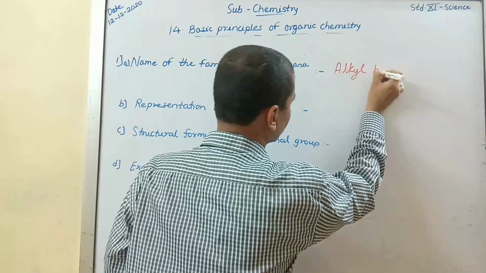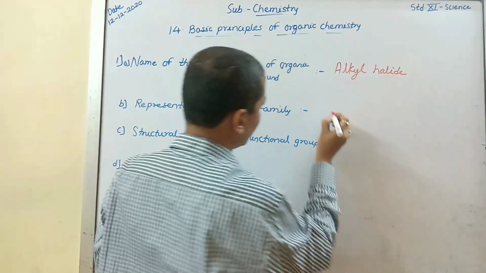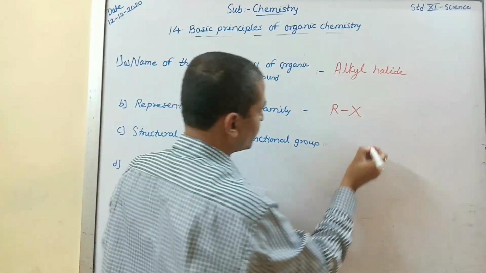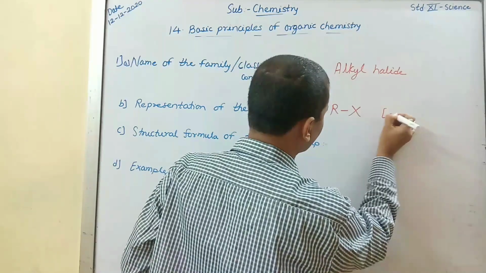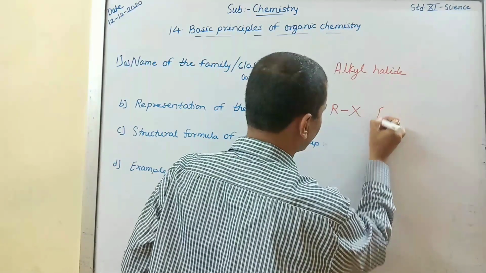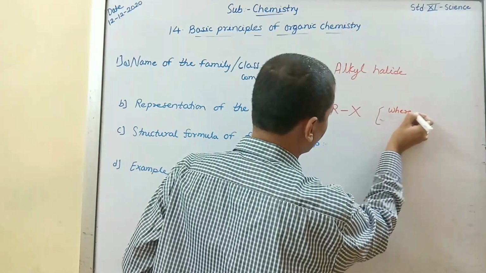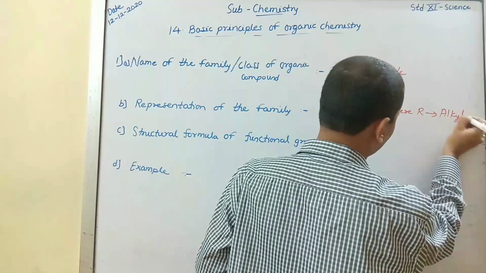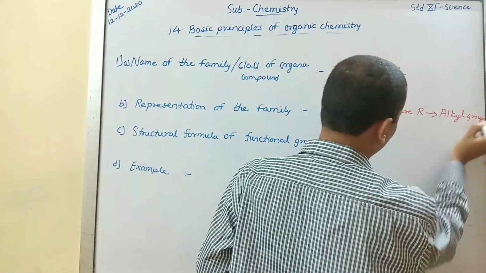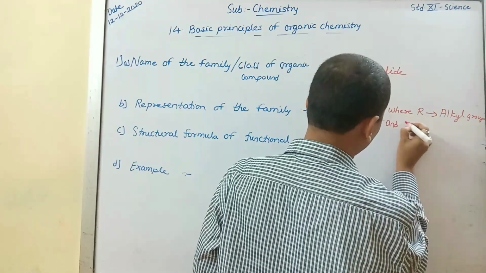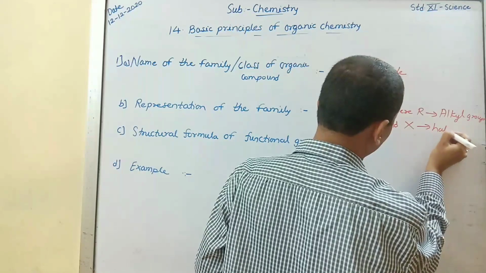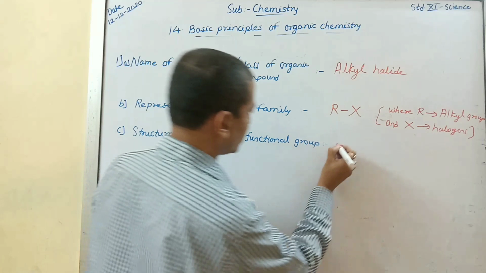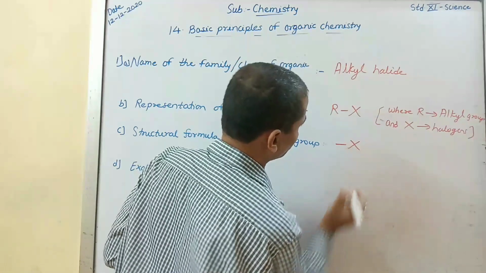Alkyl halide. Representation: RX, where R means alkyl group and X means halogens. You know that halogens are chlorine, bromine, iodine, fluorine, etc. And see, this X is the functional group.